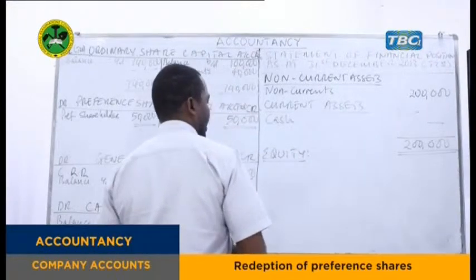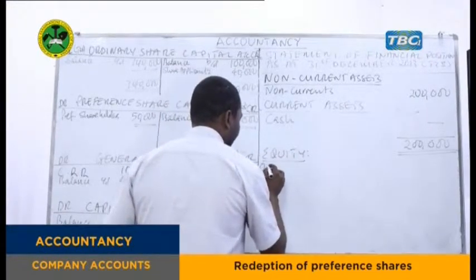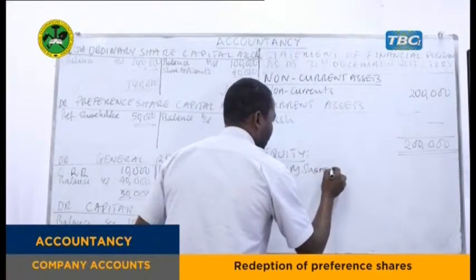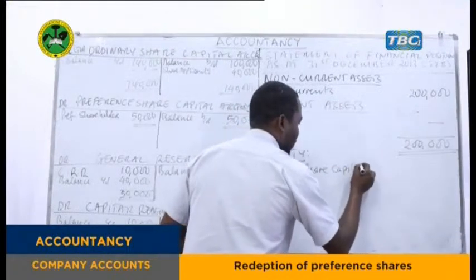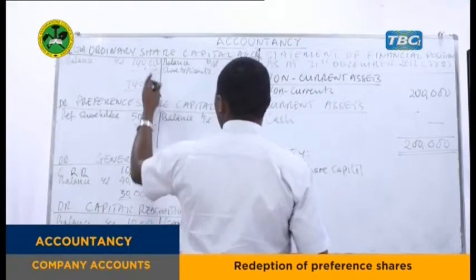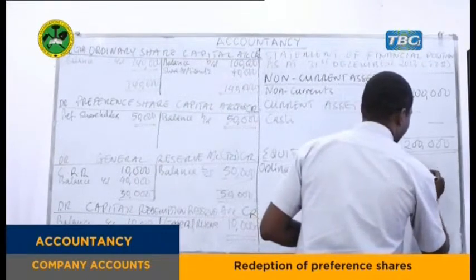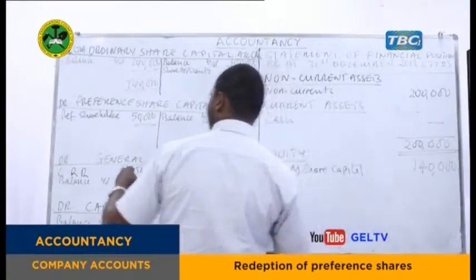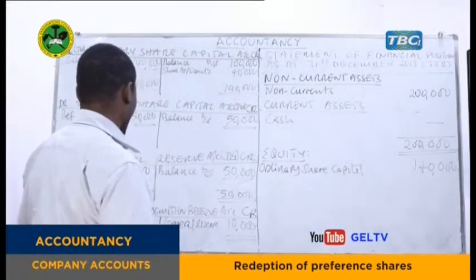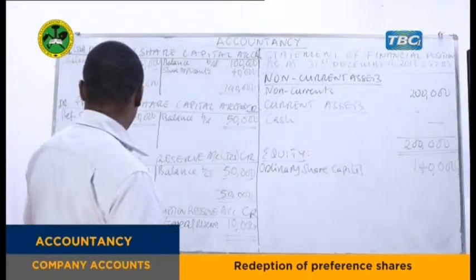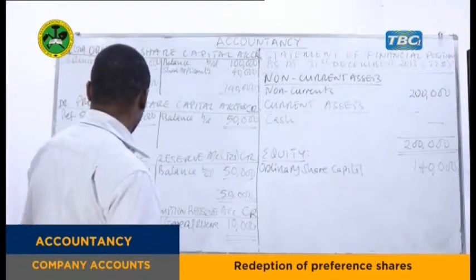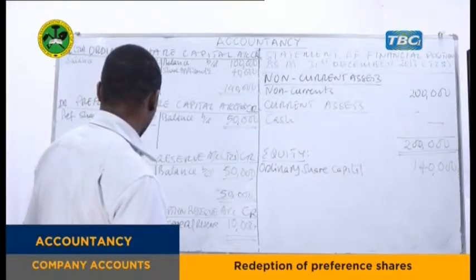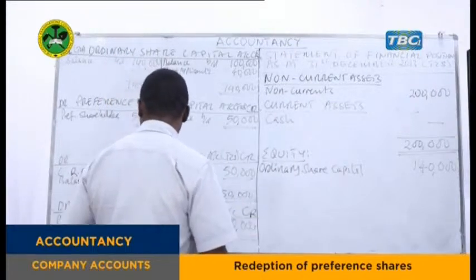So on the equity side, we have ordinary share capital. The balance of ordinary share capital, we have 140,000. But again, we have reserves. In the reserves, we have a balance of 40, and yet we also have the capital redemption reserve, the CRR. So you take the balance CD.